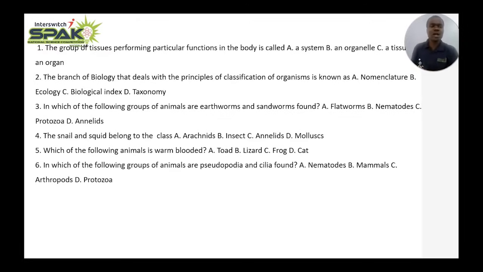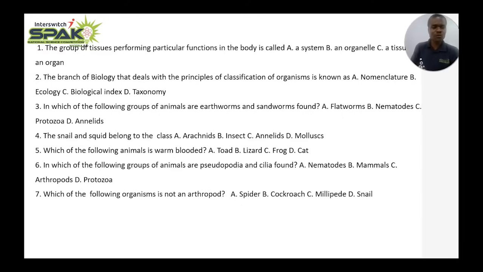Among the protozoa, we have various locomotory organelles, from cilia to flagella. Of course, pseudopodia, no matter how primitive, is used by amoeba to move from place to place. So pseudopodia and cilia are found among the protozoa, among the protists.